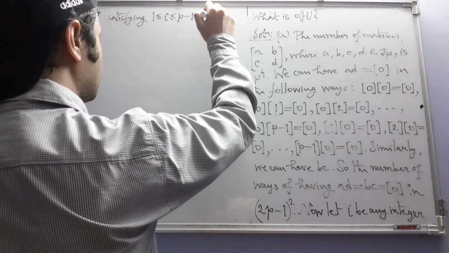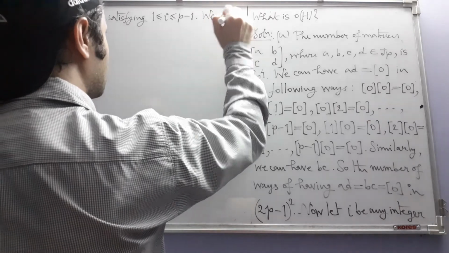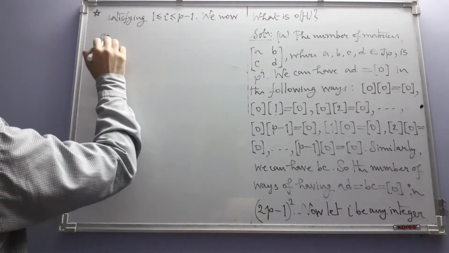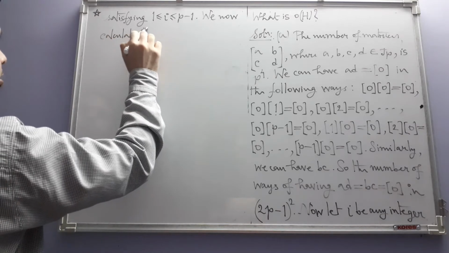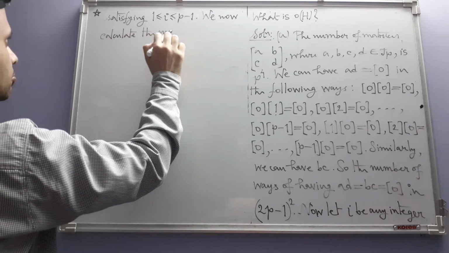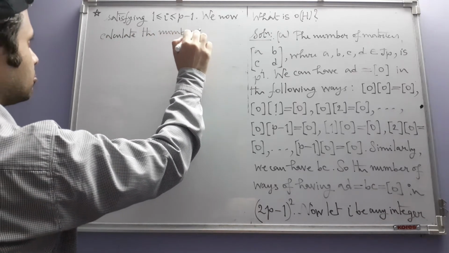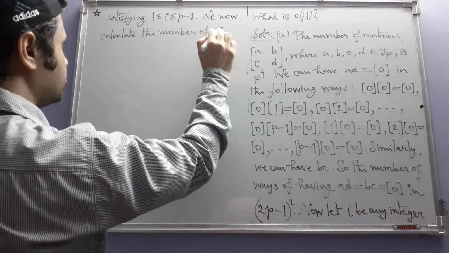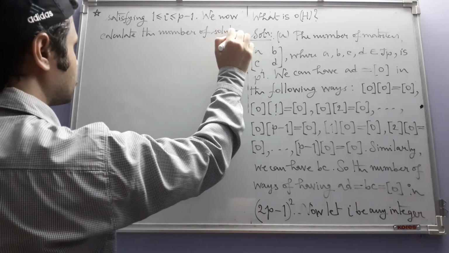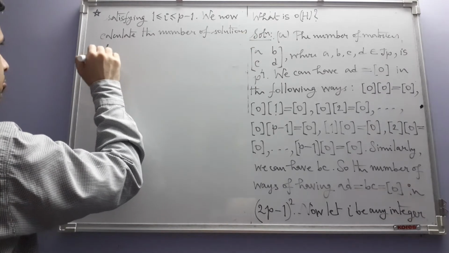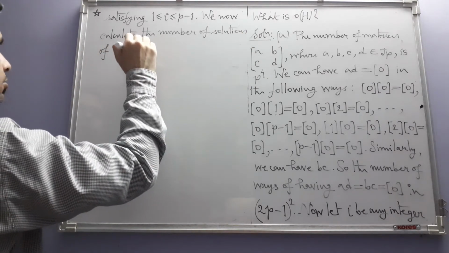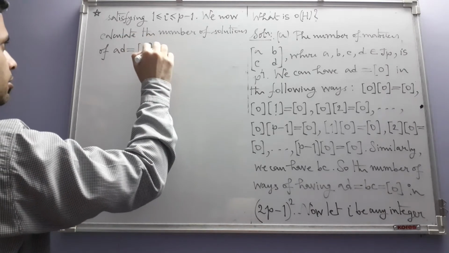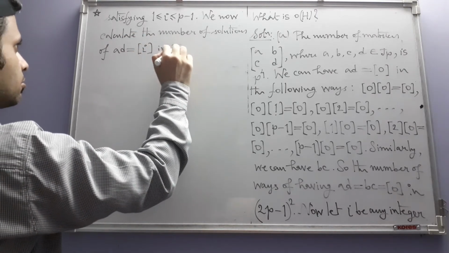We now calculate the number of solutions of AD equal to I in JP.